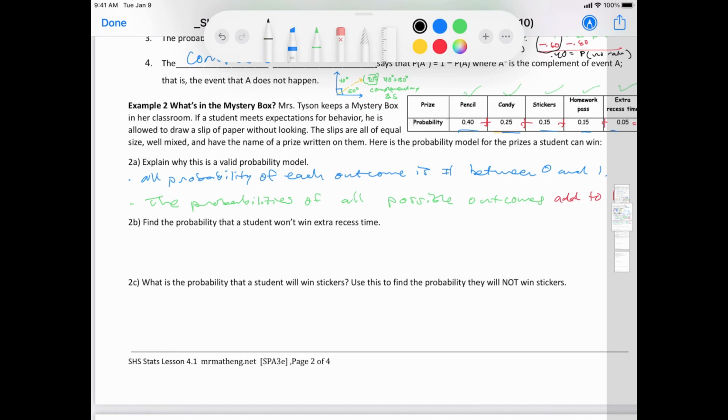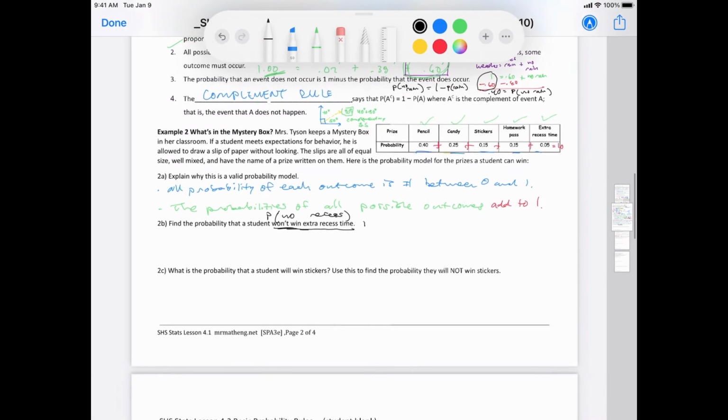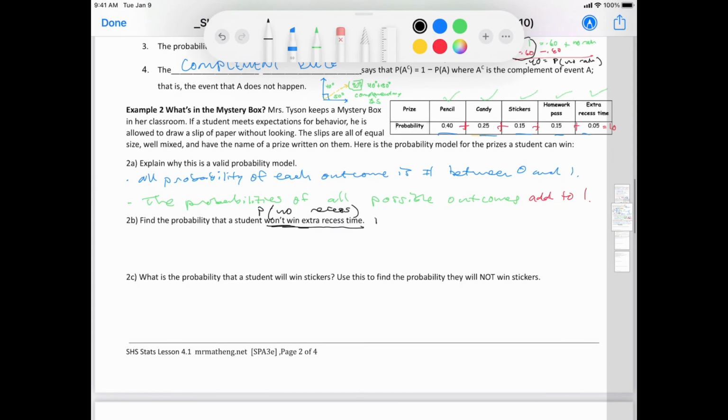Find the probability that a student won't win extra recess time. So another way of saying that is you can say probability that no recess is equal to 1 minus the probability of recess.